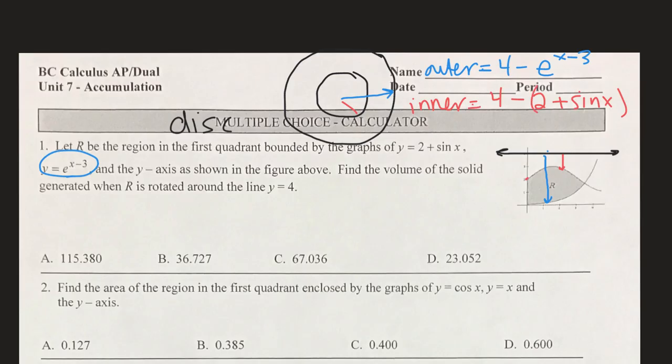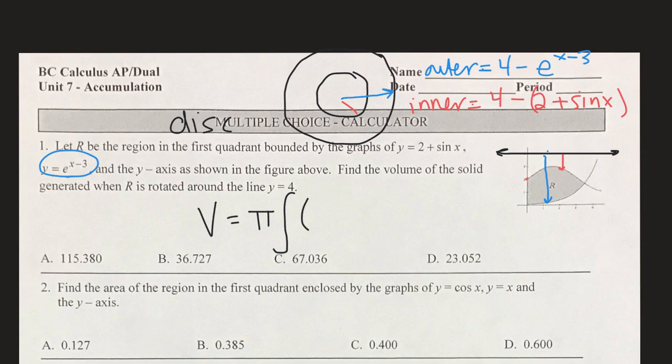Okay, so we have to think about what is the maximum radius possible for our graph, and then go from there. So the maximum radius is going to be 4, and then everything else is smaller than 4. So it's a subtraction. So volume is pi r squared, right, because these are disks.